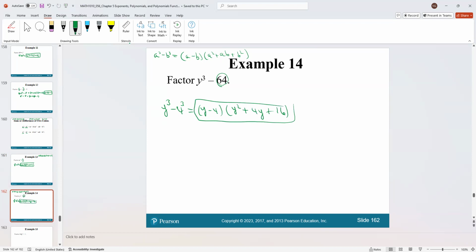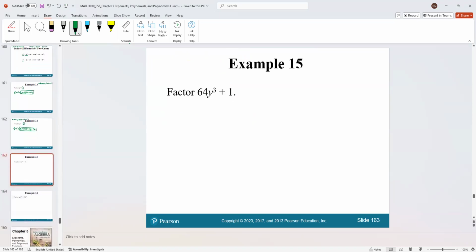I know I go a little bit fast on this one, but you're definitely going to enjoy it because sometimes there might be big combinations of so many numbers. Because 4y cubed would be equal to 64y cubed, and 1 cubed would be equal to 1.